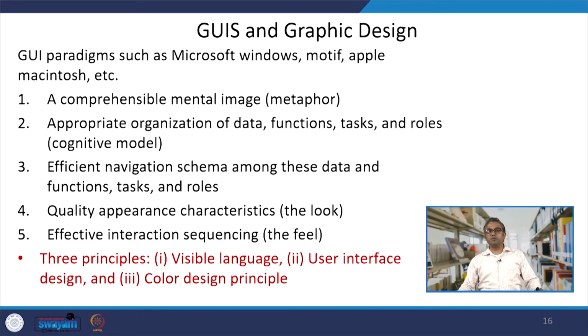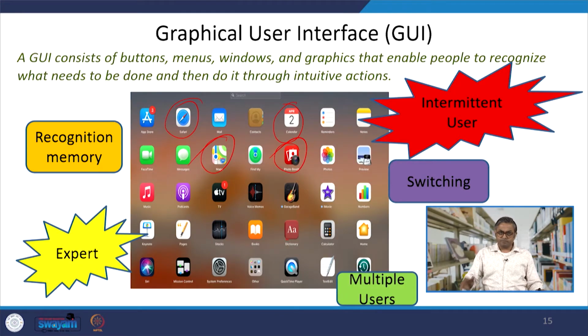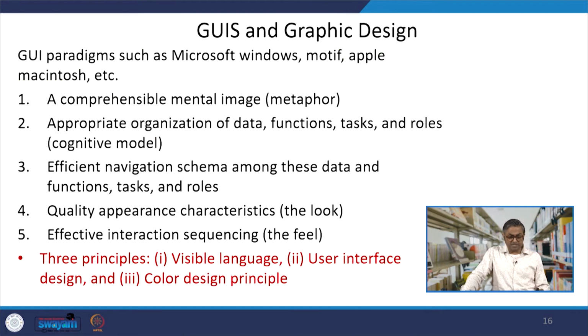So when we talk about the graphical user interface, we have to understand that companies like Microsoft, Motif, and Apple Macintosh have the purpose of making the design and graphics so easy that people can understand them without any problem. A comprehensible mental image should be there.